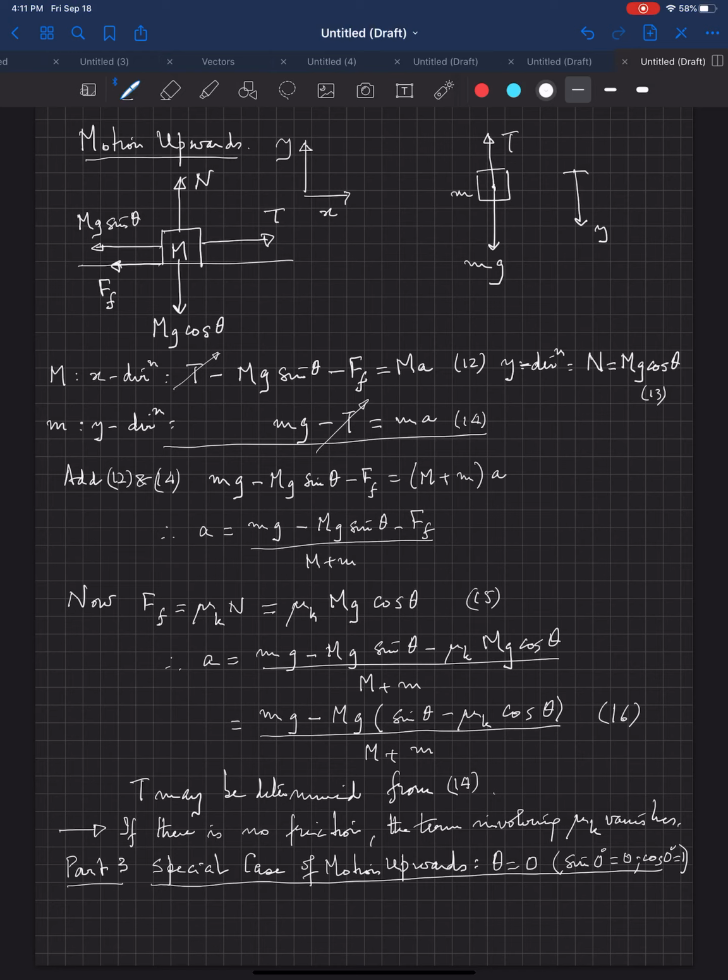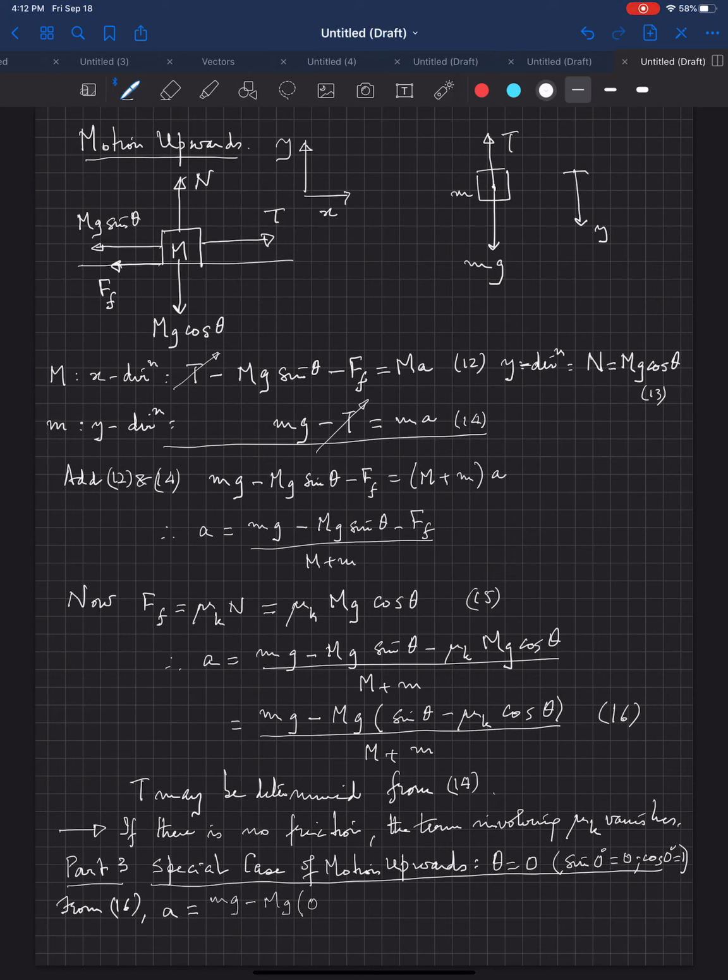So then from 16, a then equals, well, now I'm going to put theta equals 0 in the expression in 16. It becomes mg minus mg times sine theta, well, that's 0, minus mu k cosine theta.